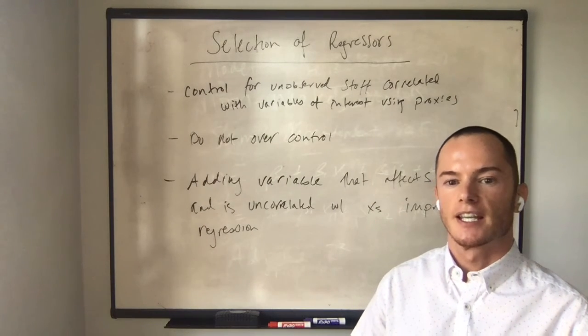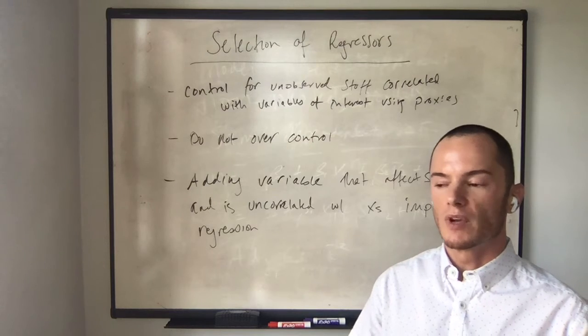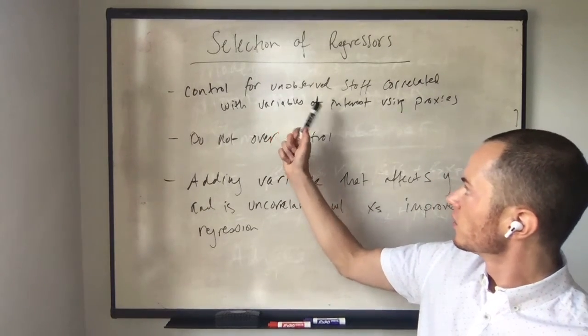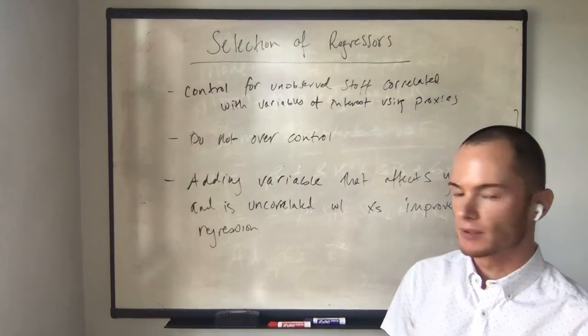Controlling for that then eliminates the omitted variable bias with your variable of interest.